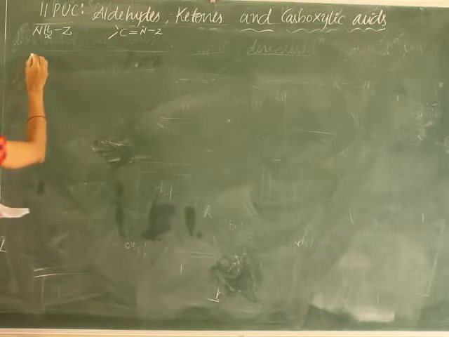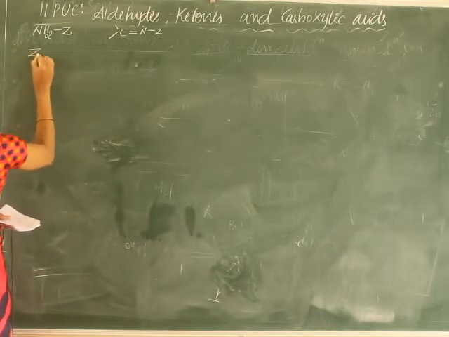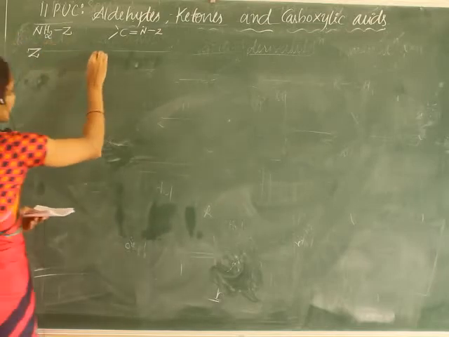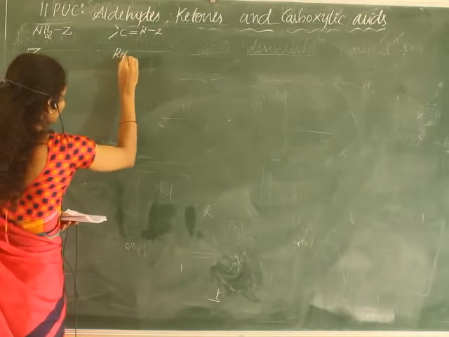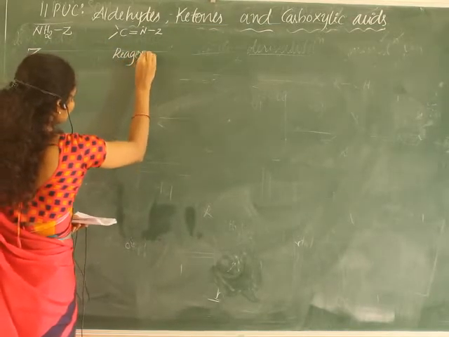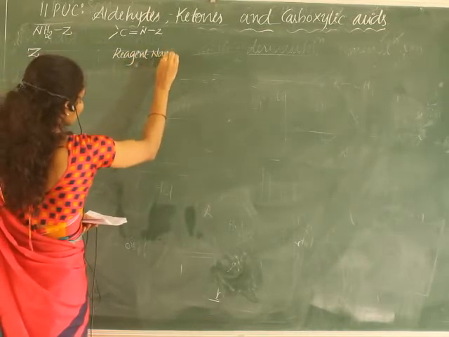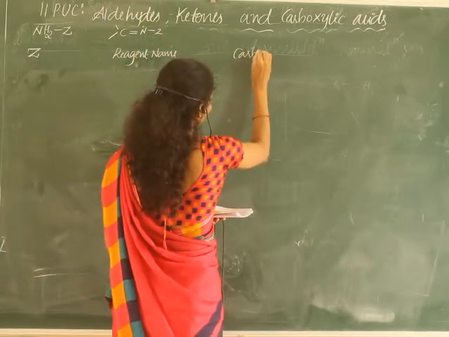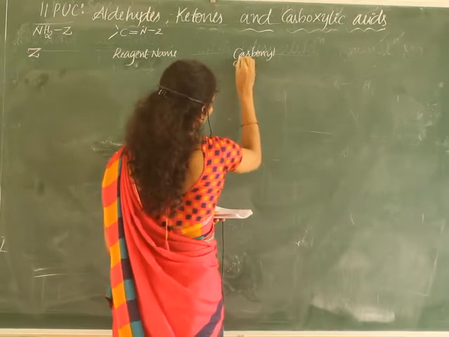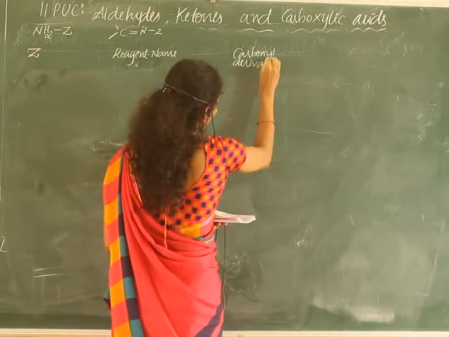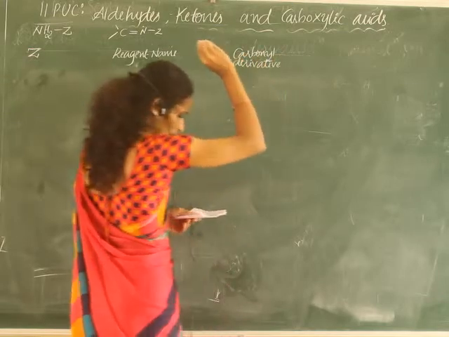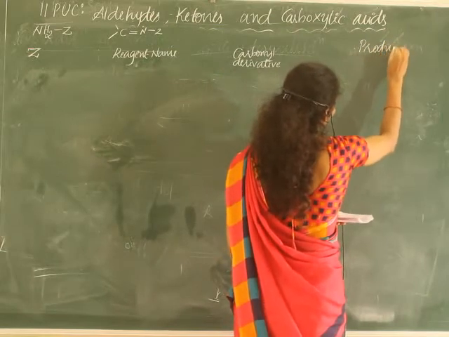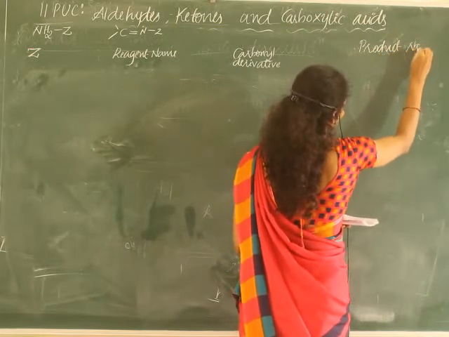Just make 4 columns. In the first column Z, in starting material Z is there, right? And second column, name of the reagent. And third is carbonyl derivative. And fourth is product name.